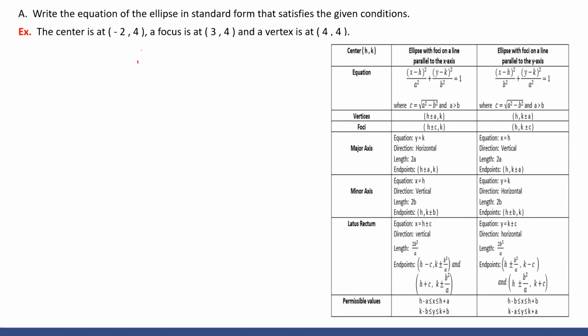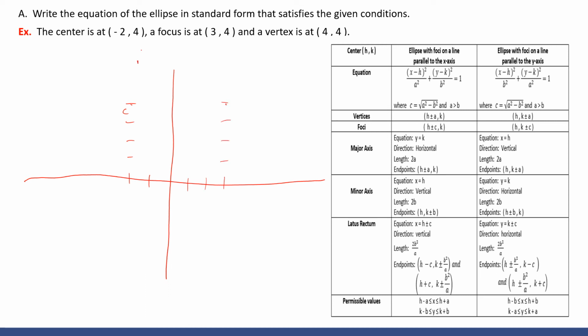Kasi kung ipa-plot natin ito, let's say gawa tayo ng Cartesian plane, x-axis and then y-axis, the center is at point negative 2, 4. So from the origin, kaliwa tayo ng dalawa, and then taas tayo ng 4. This will serve as our center, okay? And then a focus is at point 3, 4. So coming from the origin, kanan tayo ng 3, 1, 2, 3, and then taas tayo ng 4.